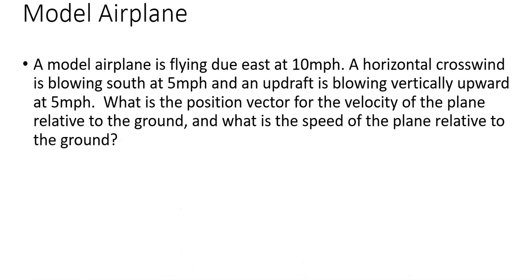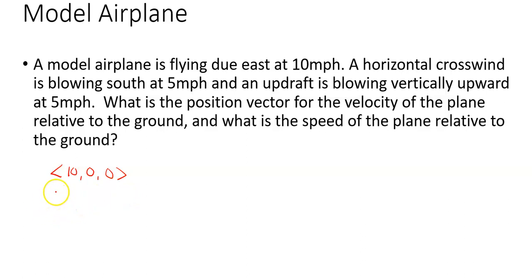All right, let's look at the model airplane problem. All right, model airplane's flying due east at 10 miles an hour. So due east at 10 miles an hour means he's going east. He's not going north and south, and he's not going above the ground either. All right, crosswind horizontal blowing south at 5 miles an hour.